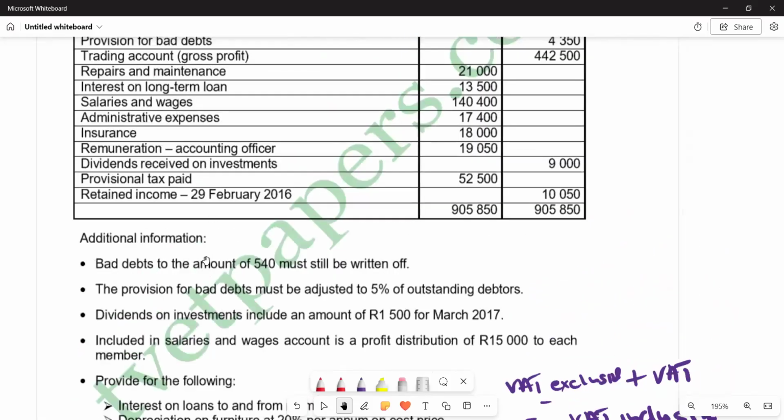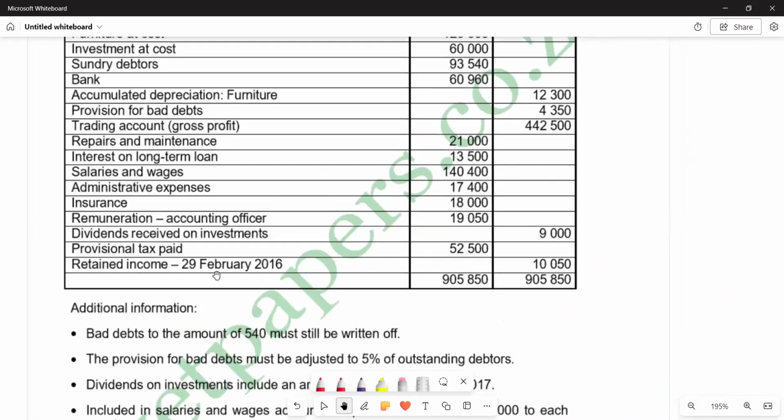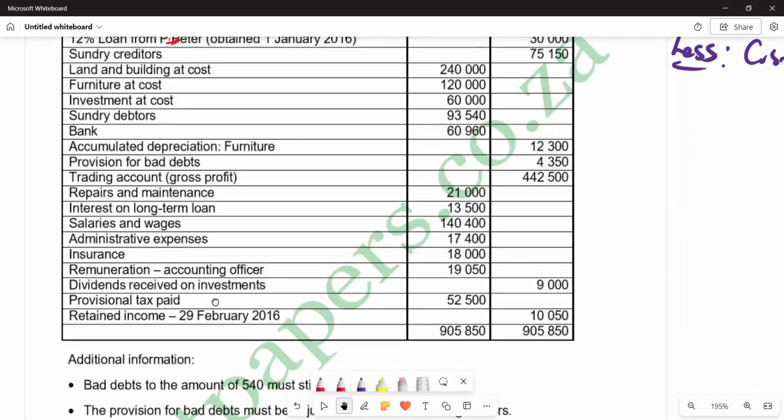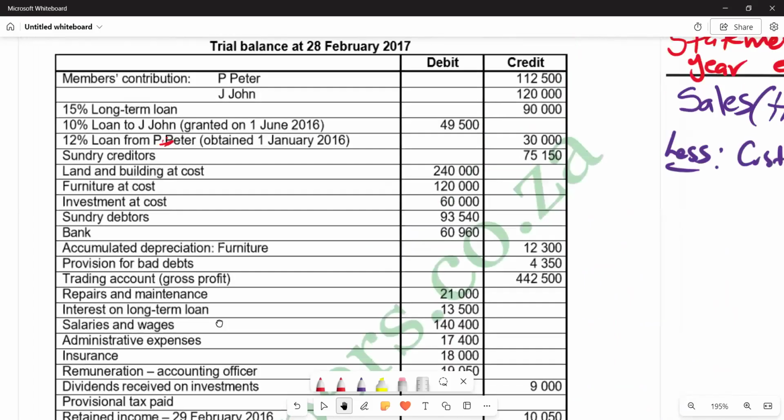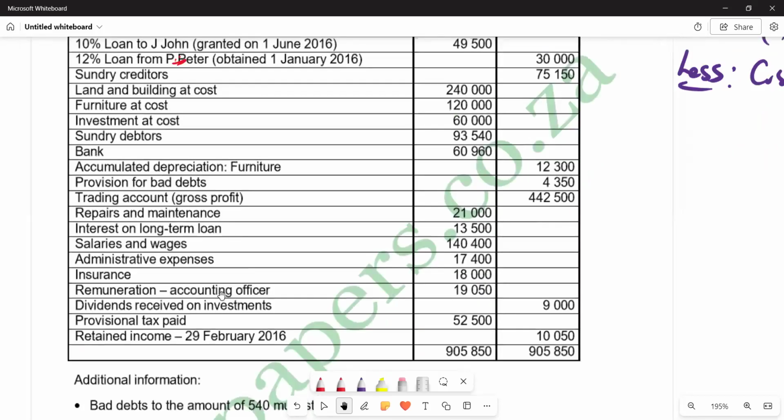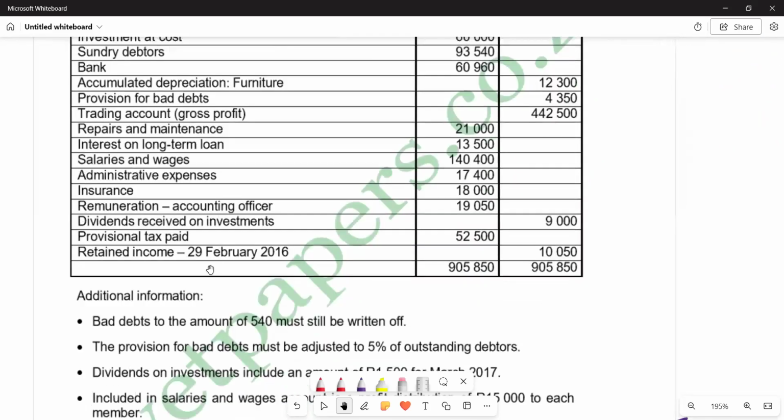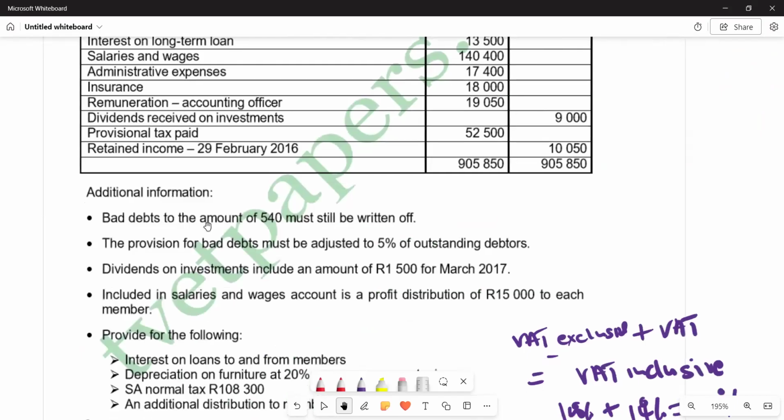So it means that we might also find that the figure is a missing figure. So we try to find the figure for gross profit that can lead us to find the figure for cost of sales. So going up there, let's try to see if we have got any information that can lead us to the calculation for cost of sales.